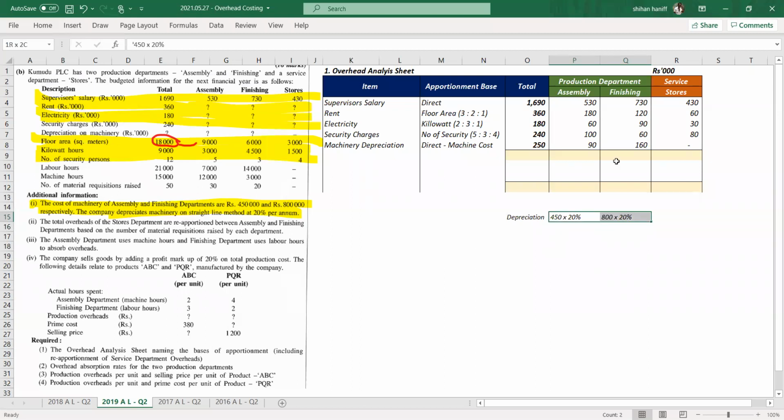So that's how we calculated 90 and 160. That's how we got the depreciation in thousands. So no asset for the stores. Calculate the total.